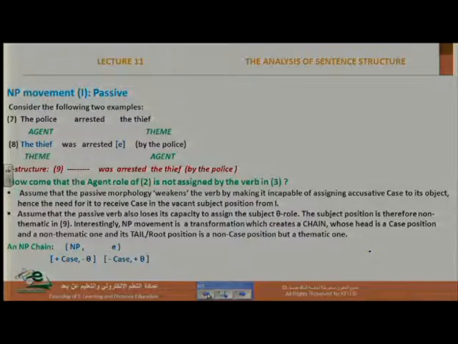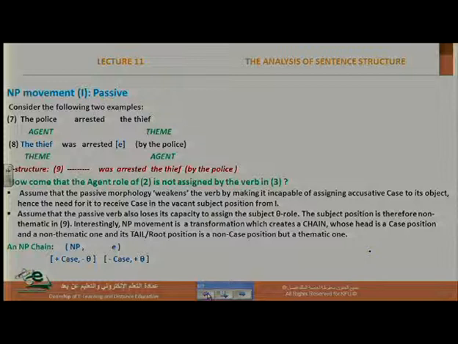Now, a typical example of a passive sentence is given in 8 there. It used to be assumed in the earlier days of generative syntax that 7 and 8 are synonymous, and to the extent that they are synonymous, that justified their being derived from the same source. So they were assigned a similar D structure.